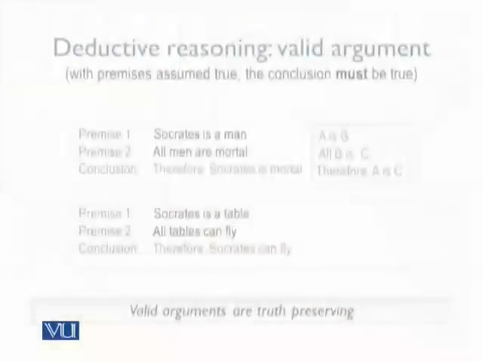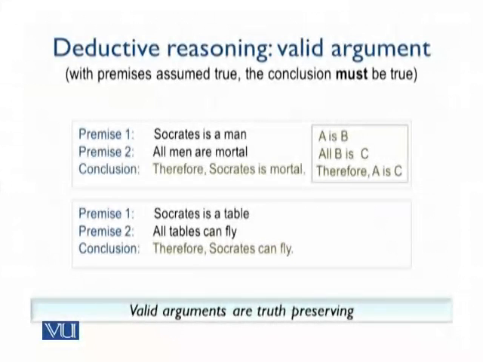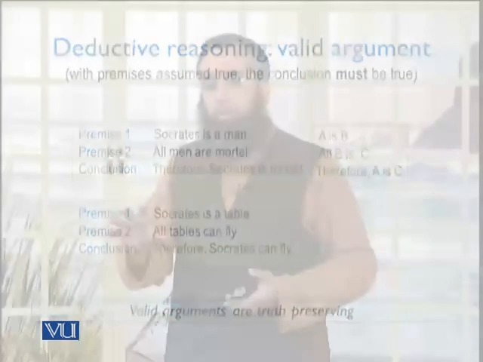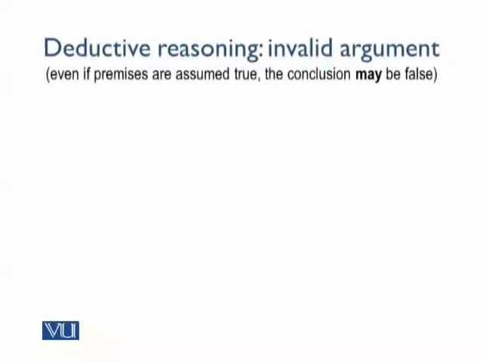You don't know what will happen. So valid arguments are those in which if the premises are true, the conclusion must be true. If the premises are false, the conclusion may be false or it may be right. In certain cases it may be right, but since it would not always be right, we would call this argument an invalid argument. So let me give you examples of invalid arguments.